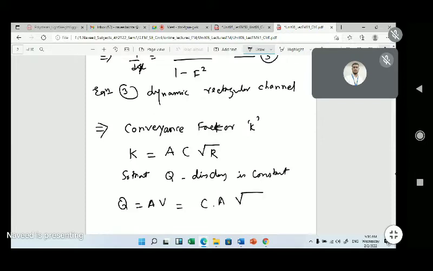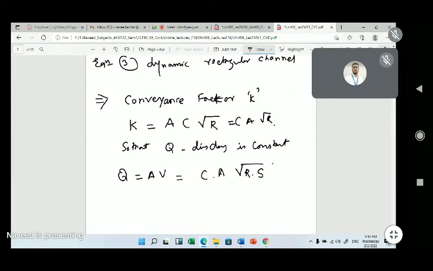But you know that CA under root of R is nothing but the value of K. So if I write the discharge in terms of the conveyance factor, Q is equal to K times under root of S.